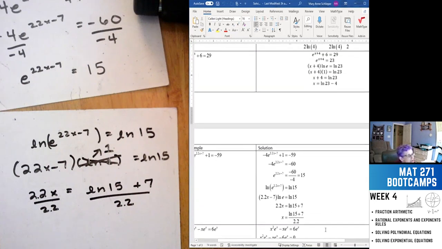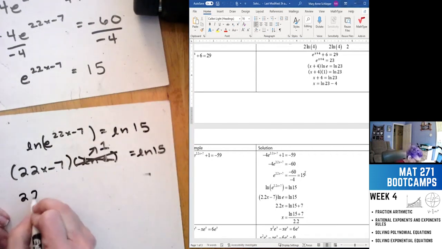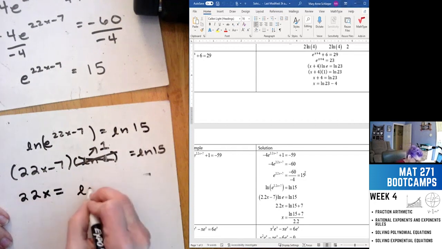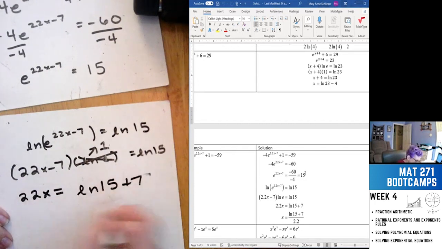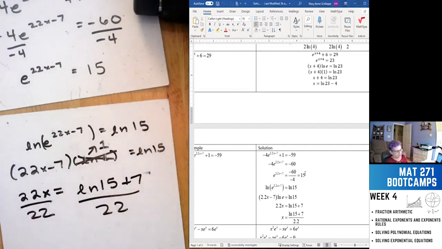I couldn't see it either. Oh, okay. Well, then we'll just say it's 2.2x equals natural log of 15 plus 7, over 2.2. It's whatever number is there. It's no magical, mystical thing that you have to do special. It works just the way dividing both sides by the number sitting next to x always has.